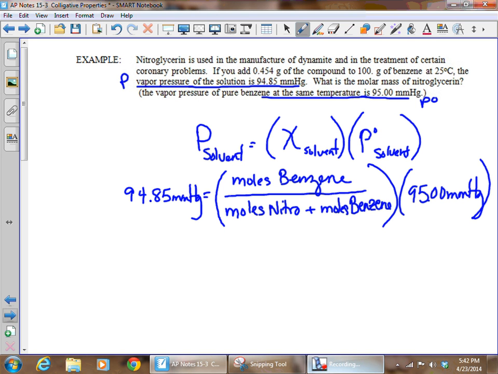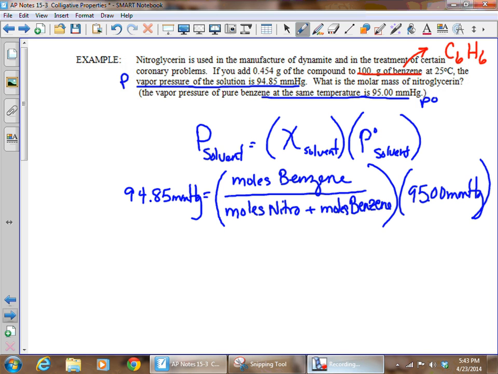So what about all these things I don't have values for? Well, first of all, if you'll notice up at the top, it tells us that we have 100 grams of benzene. So let's look at what that tells us. If we have 100 grams of benzene, remember that benzene is an organic compound. It's a formula that you really need to memorize, because I think the AP test probably gives us that formula now, since they're becoming bigger on not memorizing so much.